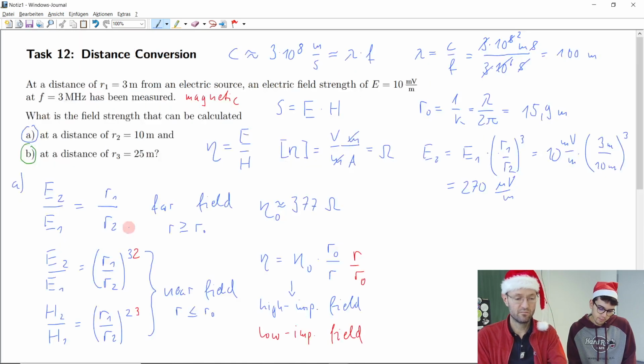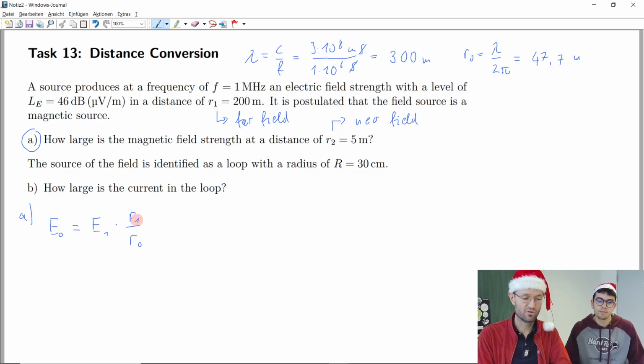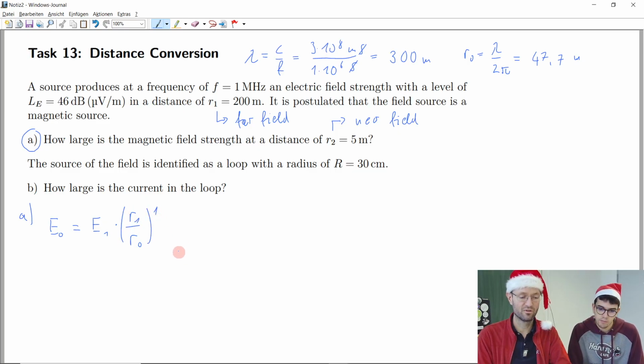And then it was always multiplied by R1 divided by R0. This should be the proper order. Yeah, and so I will explicitly write the exponent of 1. This is the far field conversion.